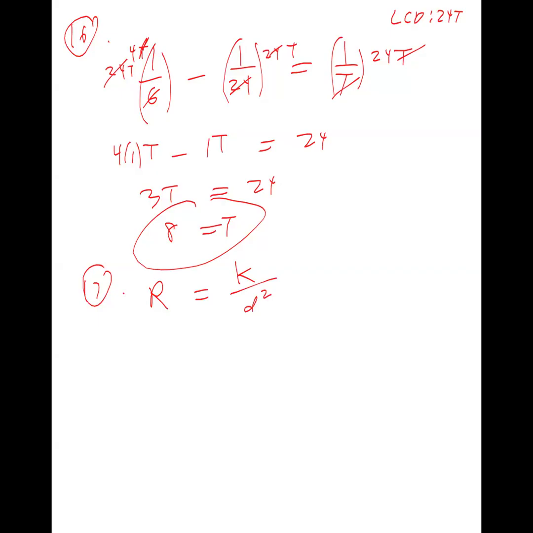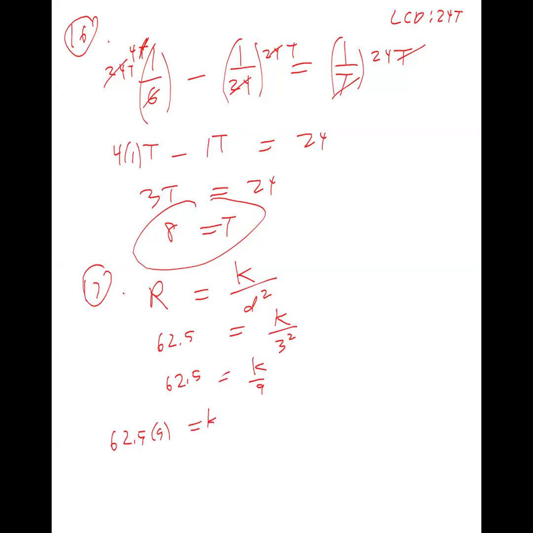So at 3 meters, the radiation is 62.5, which 3 meters, 3 squared is 9. So you get 62.5 equals k over 9. Now multiply by 9, you get 62.5 times 9 equals k.